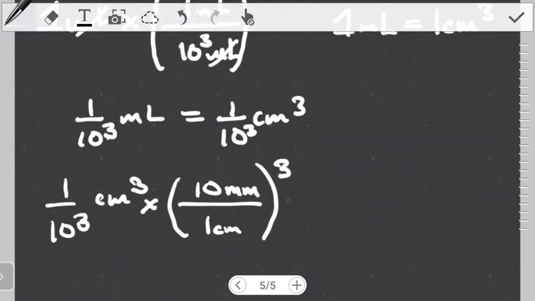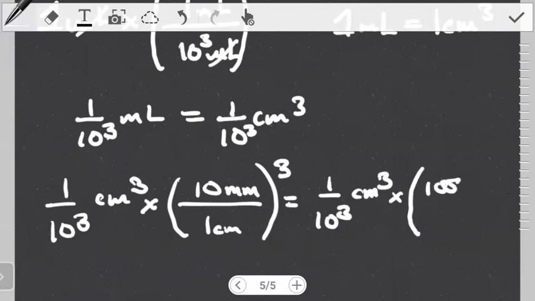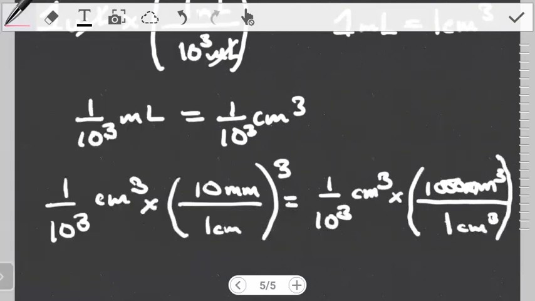If you do that, notice that now the converter will be 1/10 to the power 3 centimeter cubic. But now it will be multiplying. Our converter becomes 1000 millimeter cubic, and down here now we have 1 centimeter cubic. Notice that now we can clearly see that our units cancel out.